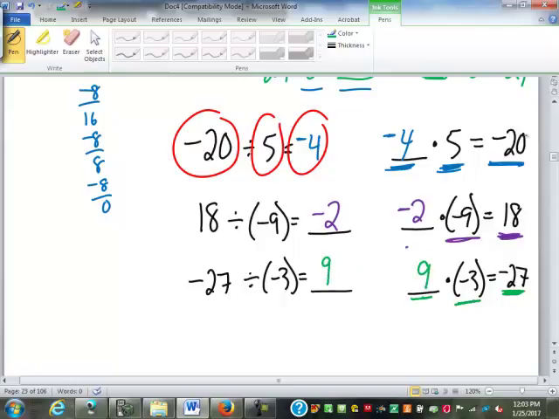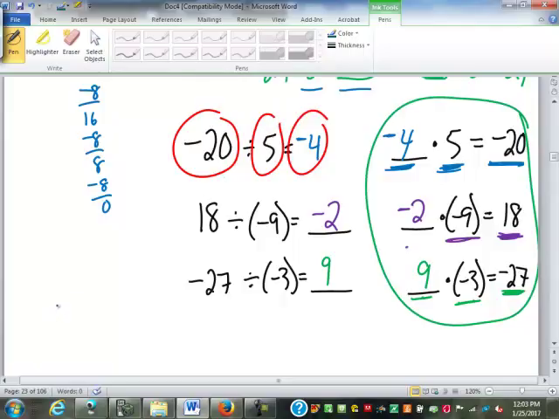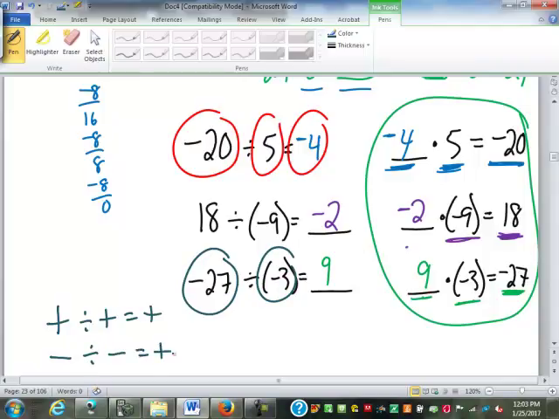So because of that correlation with multiplication, when we divide, of course, a positive divided by a positive is always going to be positive. When we divide a negative divided by a negative, the result is still positive.